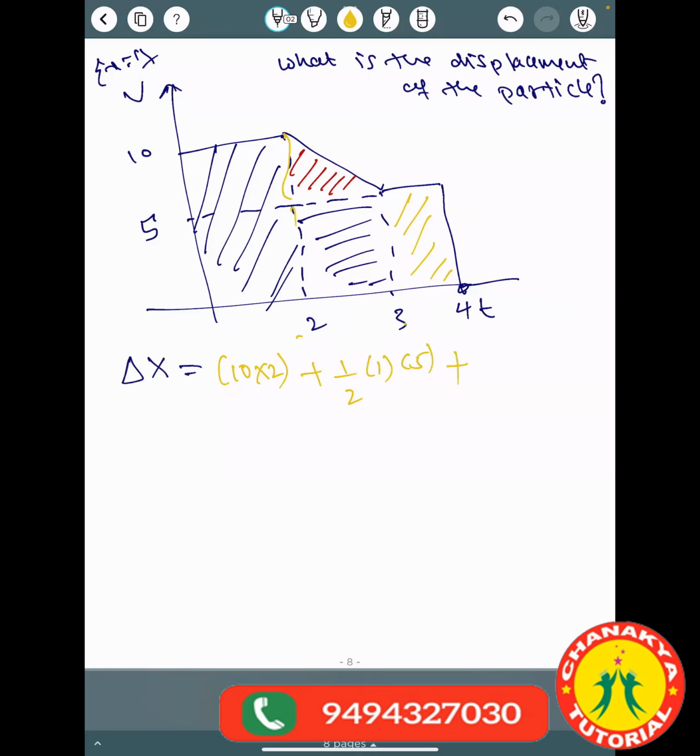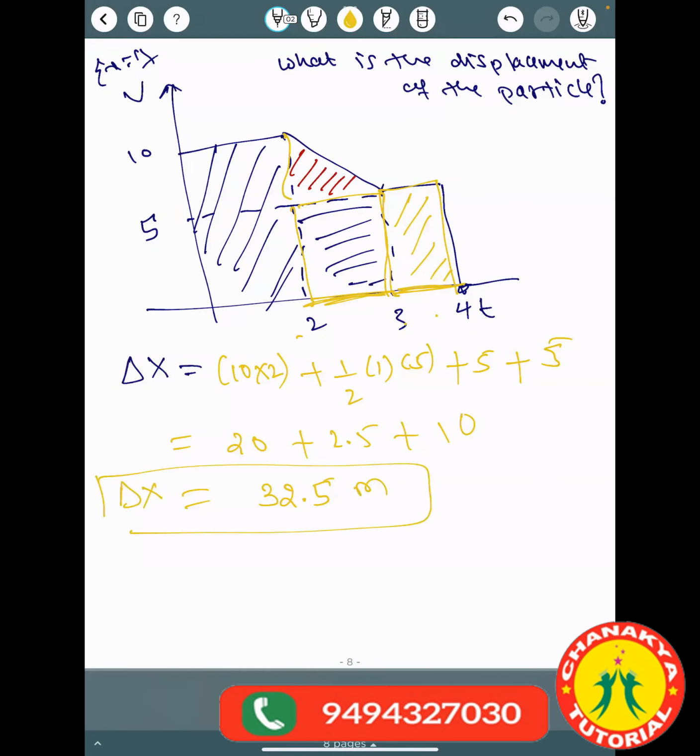Plus the area of this: the base is 1 and the height is 5, that is 5. Plus the area of this rectangle: this difference is 1, height is 5, again 5. So the total answer is 20 plus 2.5 plus 10, that is 32.5 meter. This is the displacement of the particle.